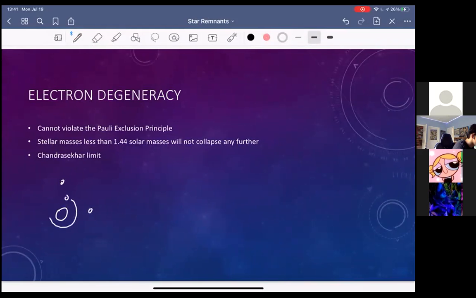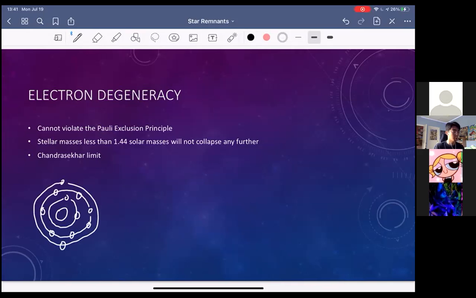We've all seen drawings like this, right? This one might have 2 electrons. This one maybe has a lot more, something like this, right? But that's kind of what we think about when we think of an atom, right? And if you have 2 atoms, that's our core or nucleus of the atom. And here's another one over here.